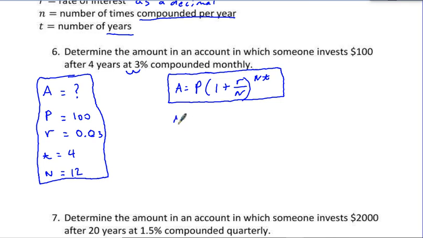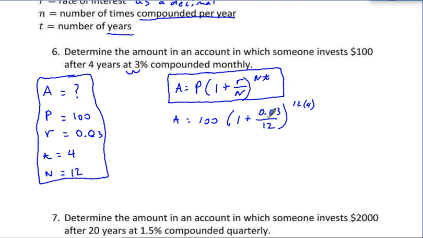And now we'll substitute what we know. A equals $100 times 1 plus R, which was 0.03, divided by 12, to the 12 times 4 power.